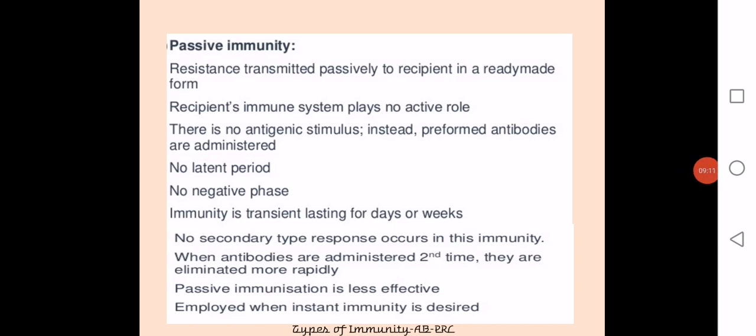Now what is passive immunity? Passive immunity is, on the other hand, contrary to active immunity. There is no active role played by the recipient's immune system, right? There is a passive role played by the immune system of the host body.